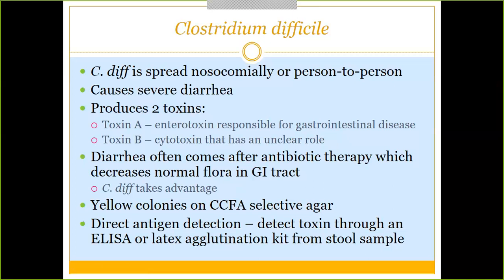So they need to be put in isolation so that you have to gown and glove up, that kind of thing, when you go see them, so that you're not passing this along to other patients. So that's why a kit is always great to have on hand. It gives you a quick positive or negative right away. Otherwise, when C. diff grows out, again, CCFA is a specific agar for it, and it will be yellow colonies on that agar when it grows.